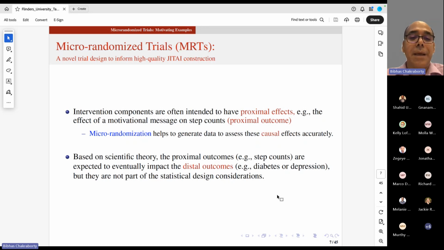And based on the scientific theory, you would expect that the proximal outcomes will eventually impact the distal outcomes. But for the purpose of design, for the purpose of statistical considerations, we are not bothered about the distal outcome. We know from the scientific theory that if we work on the proximal outcomes, they will eventually translate to the distal outcome. So that's one thing to keep in mind as we progress.